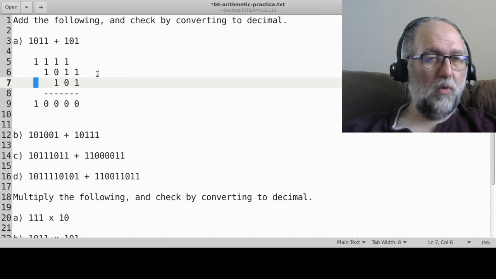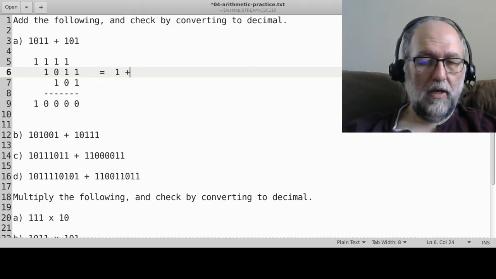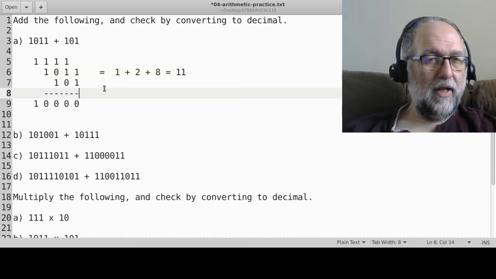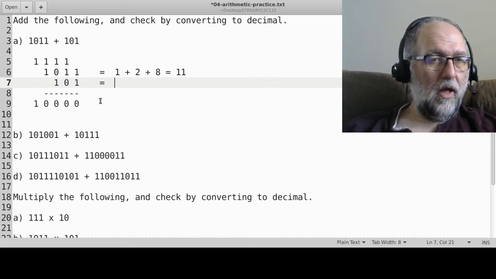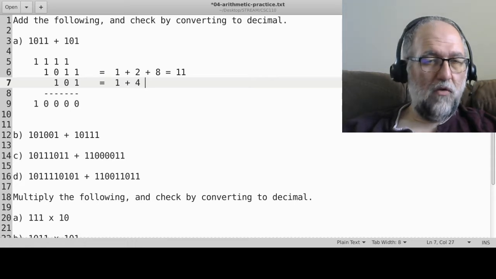Now, did this work out? Let's take a look. The top number, converting to decimal, is a 1, a 2, no 4s and an 8, and that's equal to 11. The next one is a 1, no 2s and a 4, and that's equal to 5.